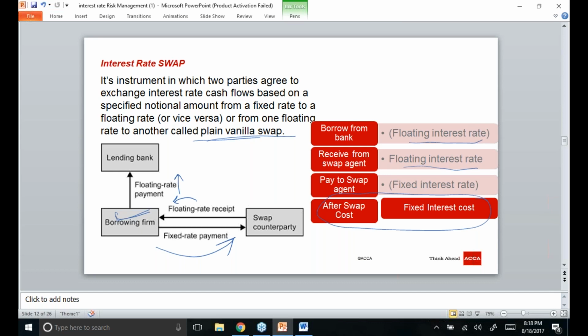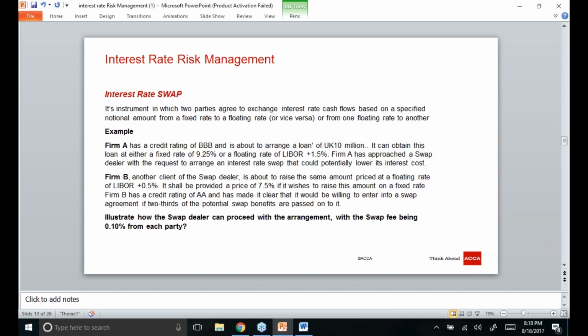Okay, let's learn it in detail. Let's learn it with this example. Have a look at this example.